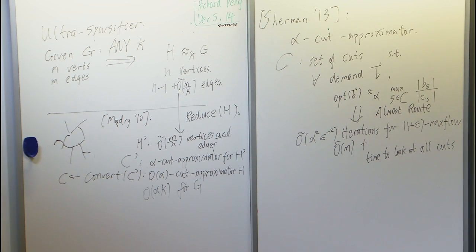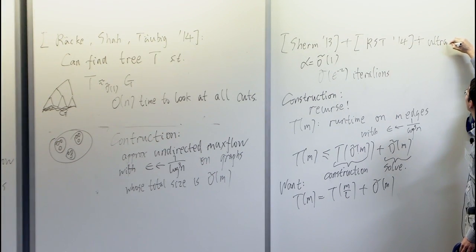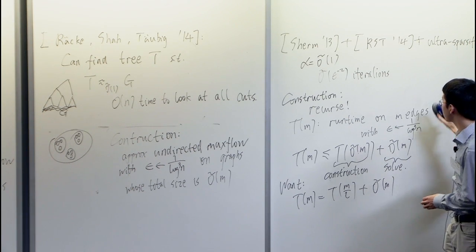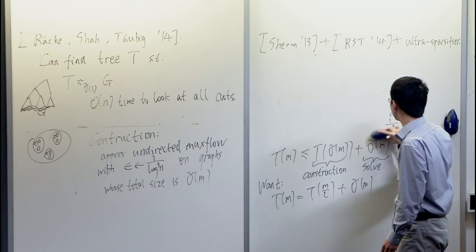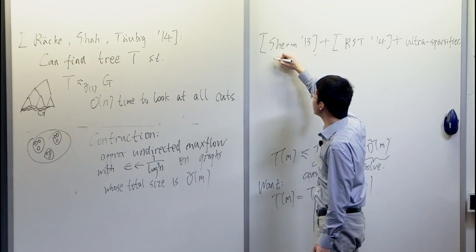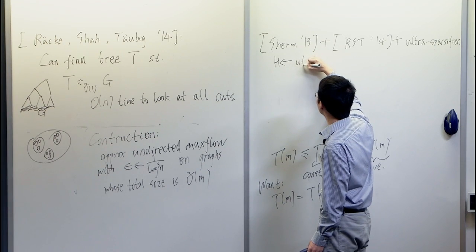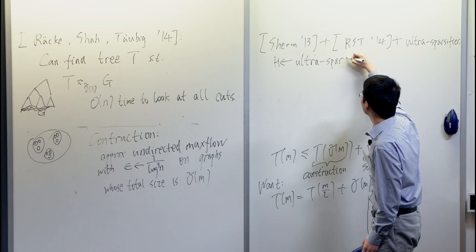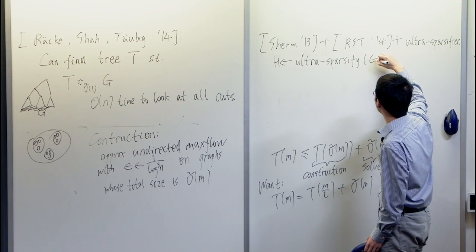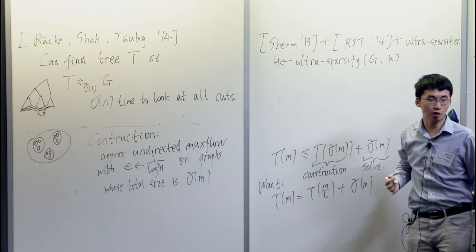So then the final algorithm is just to take this algorithmic framework, but introduce a size reduction when we start. This is plus ultrasparsifiers. So the general idea is that I go from G to H. I will pick this parameter kappa later on.